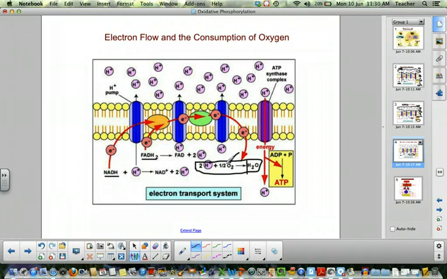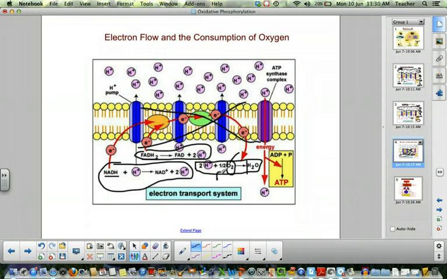Now, if oxygen wasn't there, then none of this would happen, because you can't have an oxidation reaction, or two for that matter, without a reduction. Okay, and in this case, oxygen is being reduced to water. It's the final electron acceptor. It's an oxidizing agent.